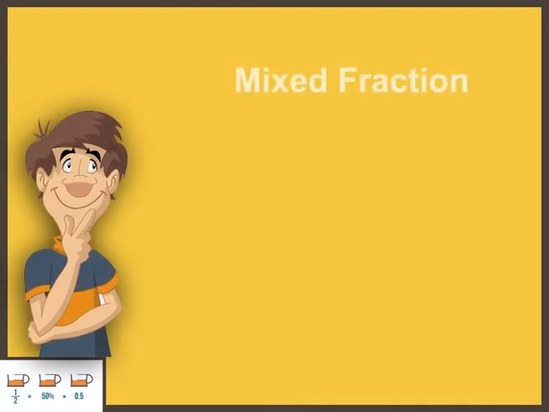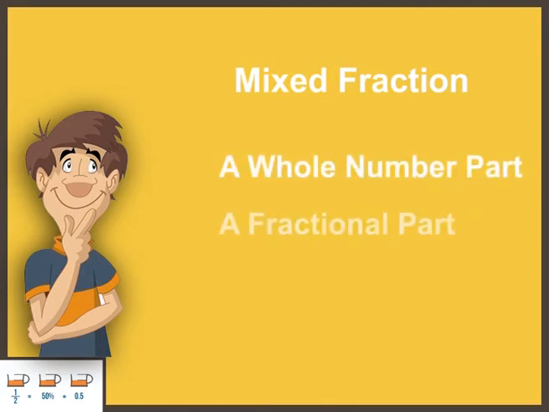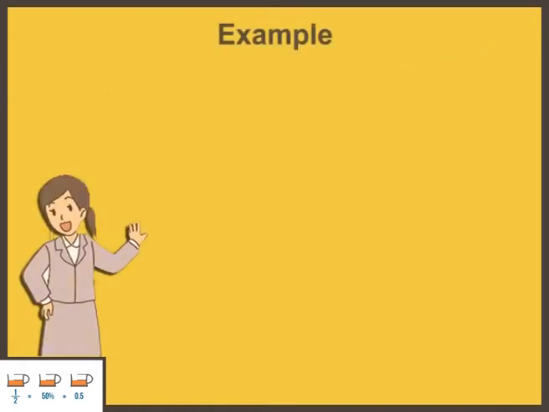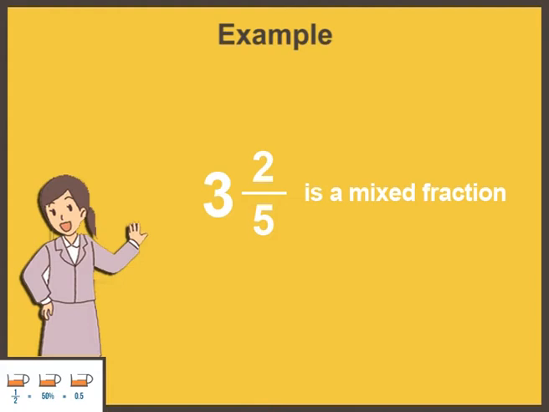Let us find out what a mixed fraction is. A mixed fraction has a whole number part and a fractional part. For example, 3 2/5 is a mixed fraction because it has a whole number 3 mixed with the fraction 2/5.